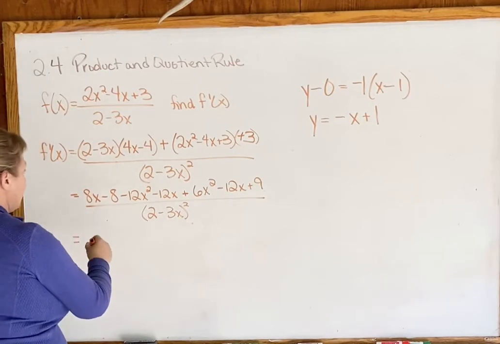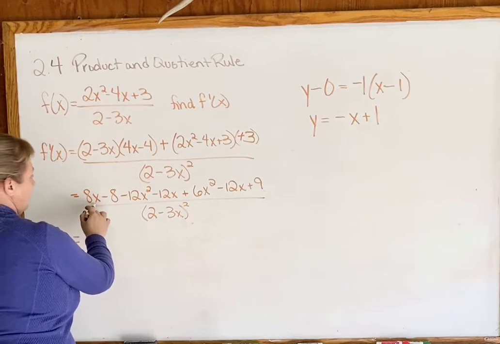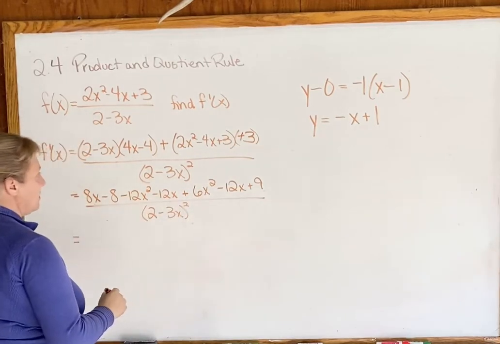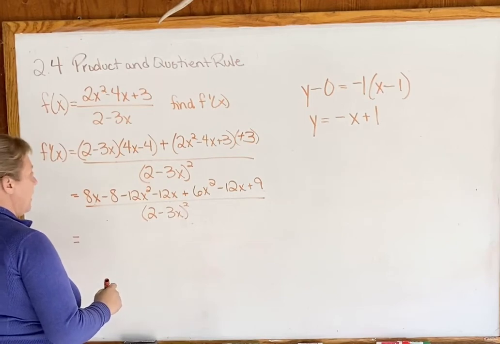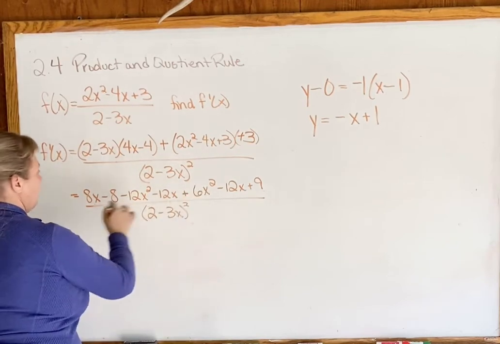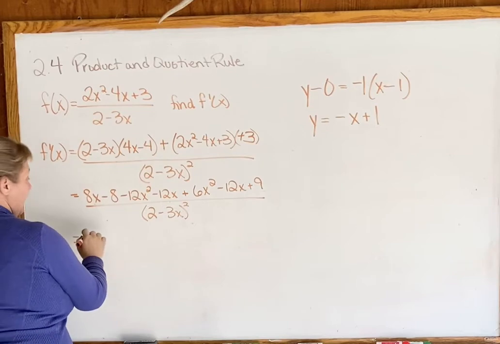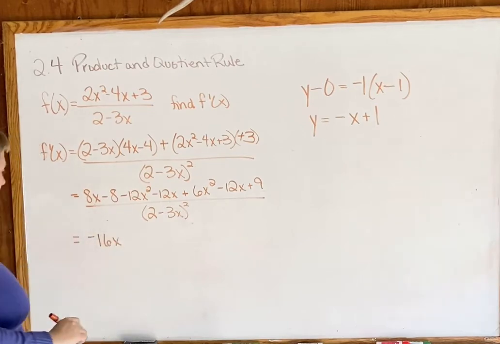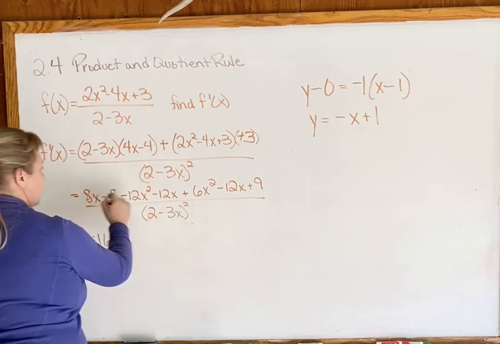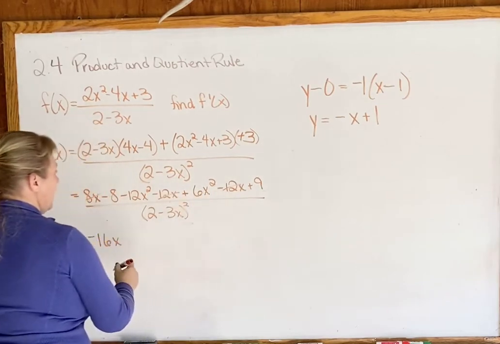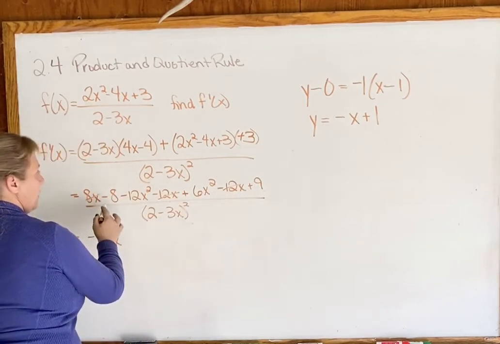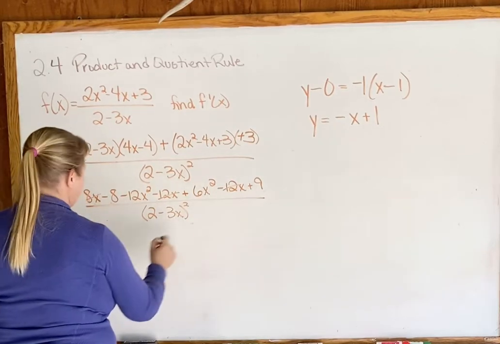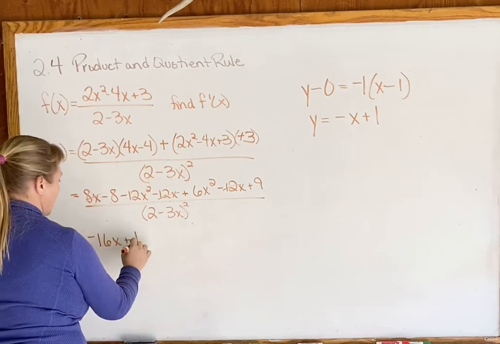So we've got 8x minus 12x minus 12x. So minus 24x plus 8x would be negative 16x. So negative 16x, that's those guys. And then we have negative 8 plus 9, which will give us plus 1.